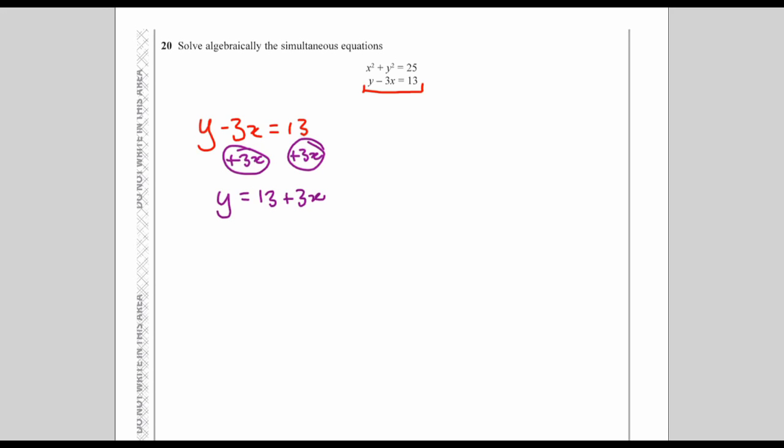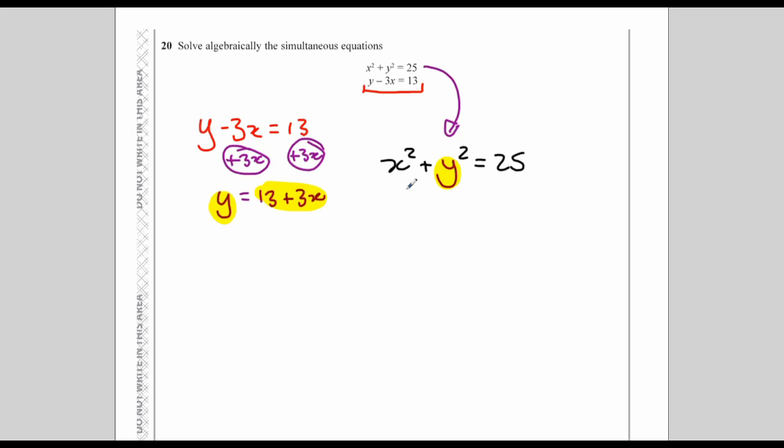Now that means that in this trickier equation, which is x squared plus y squared equals 25, we can now put what y is into the equation. Okay, so where we've got y, we're putting what y is.